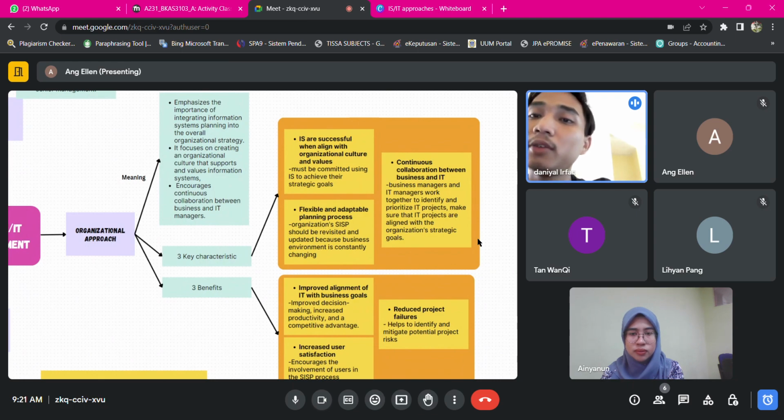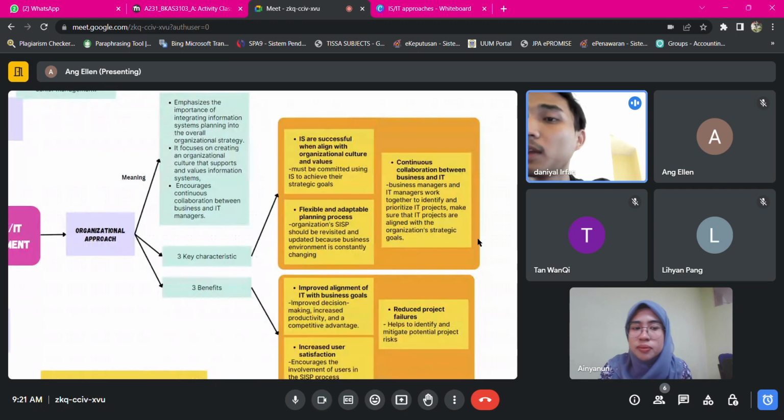The benefits of using the organizational approach: the first benefit is they can improve alignment of IT with business goals. They can improve decision making, increase productivity, and also gain a competitive advantage.